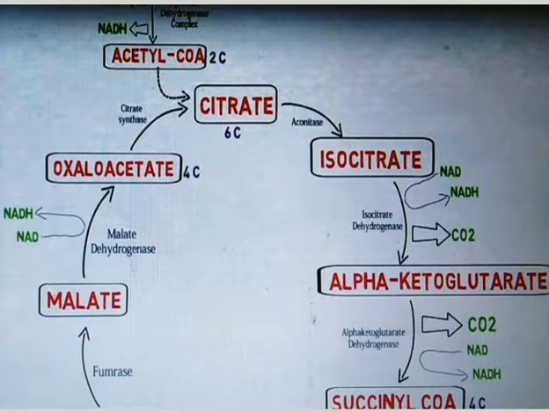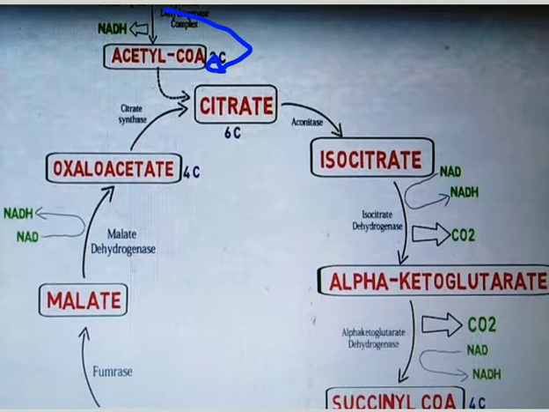Here you can see that the pyruvate molecule is converted into acetyl CoA with the help of the enzyme pyruvate dehydrogenase complex. I have another video related to the pyruvate dehydrogenase complex, with a detailed description of it.